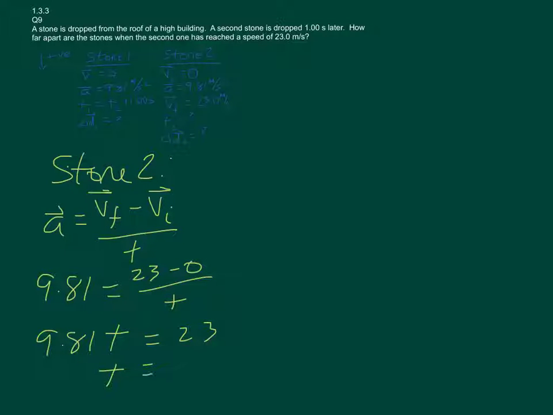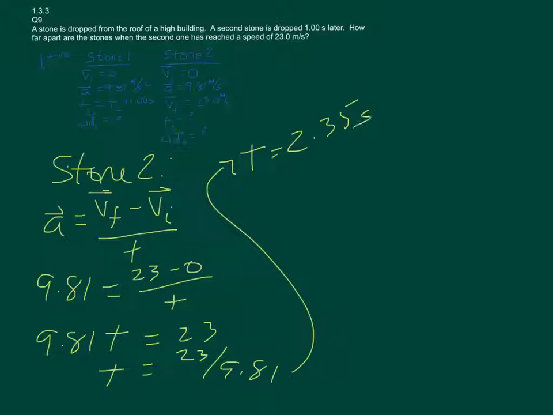T equals 23 divided by 9.81. T equals 2.35 seconds. That's T2. Okay, we want that. Now, D2.